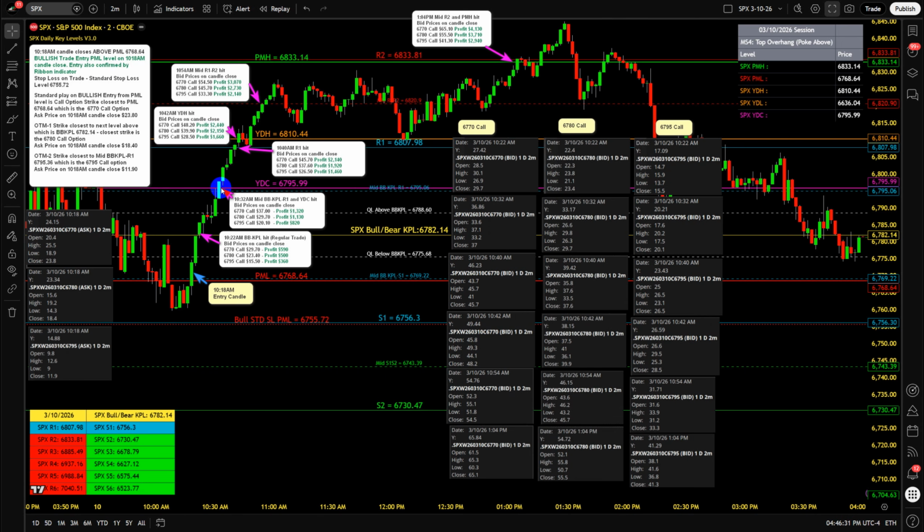One option is to adjust your stop loss to break even. When you adjust your stop loss to break even, you are not moving your stop loss level up to this level. You are instead changing it to the price that you paid for the option. You can also, if you want to, add a profit buffer on top of break even.